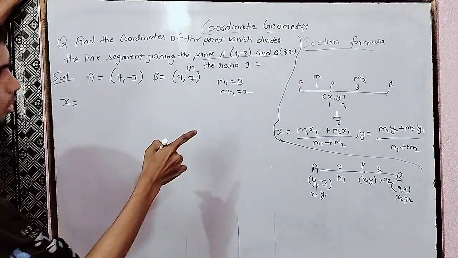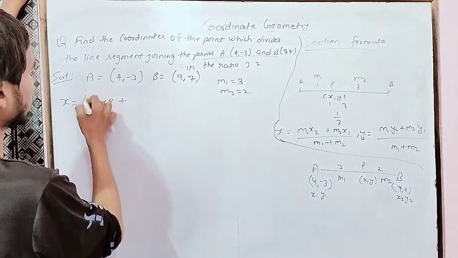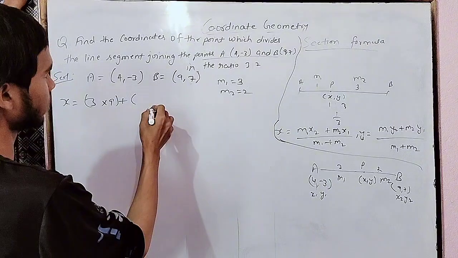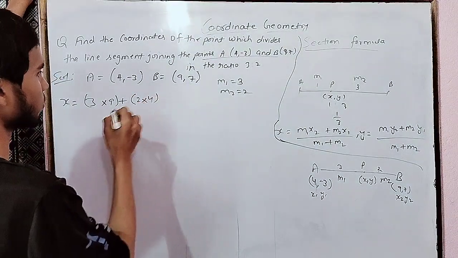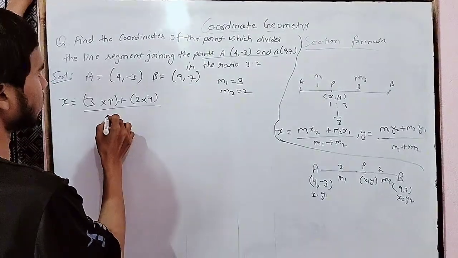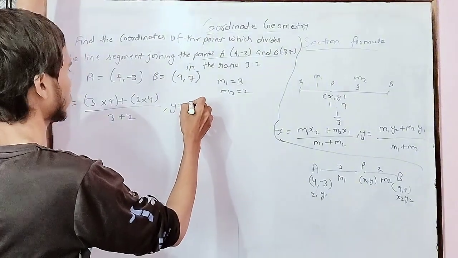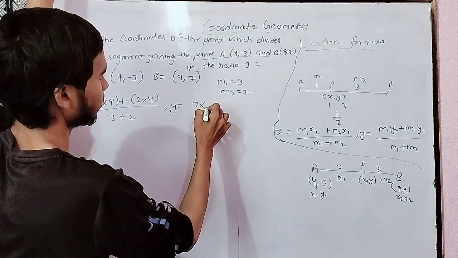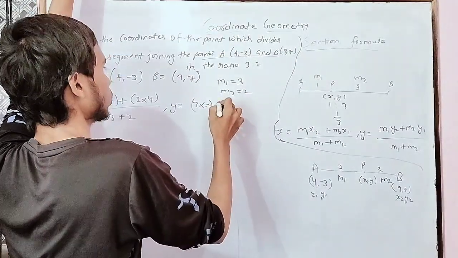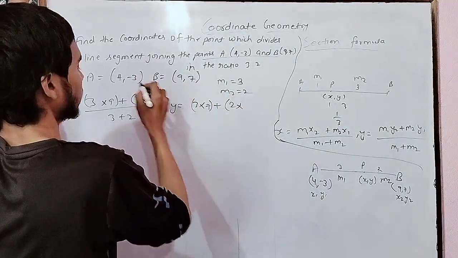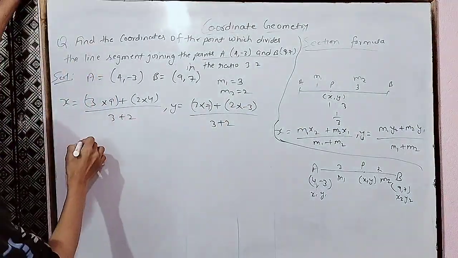Now x is m1 times x2, which is 3 into 9, plus m2 times x1, which is 2 into 4, upon 3 plus 2. Now in terms of y: m1 is 3 times y2, which is minus 7, plus m2 is 2 times y1, which is minus 3, upon 3 plus 2.